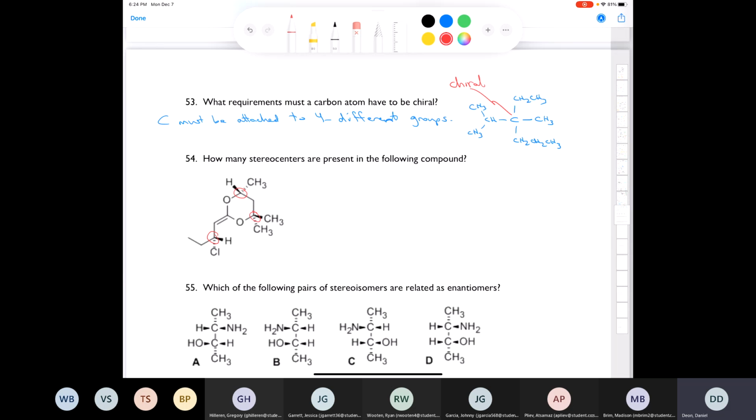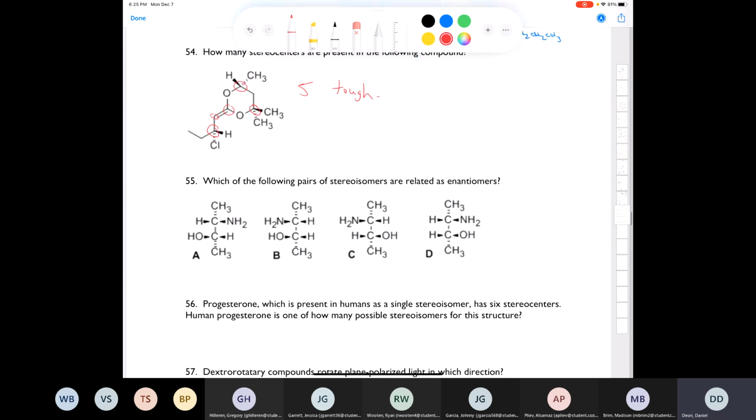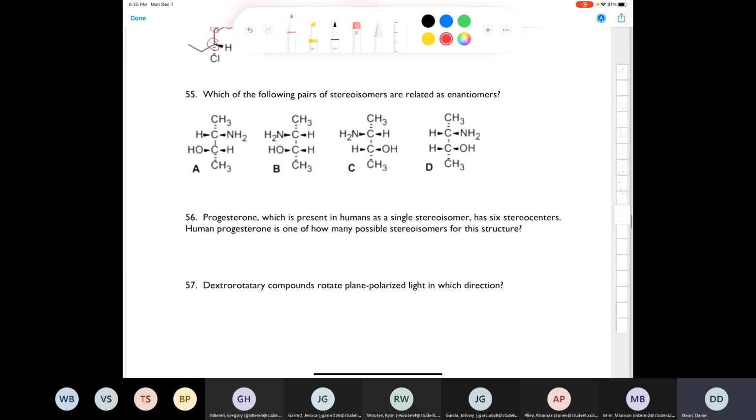But these ones here are also considered, this is considered a stereocenter, and this is considered a stereocenter. So it's 1, 2, 3, 4, 5 stereocenters. Anyhow, I would say that's a tough question. I will not ask that question directly. But I would ask question 55.